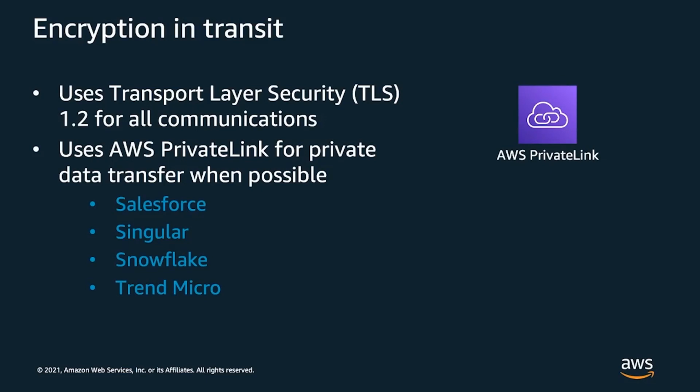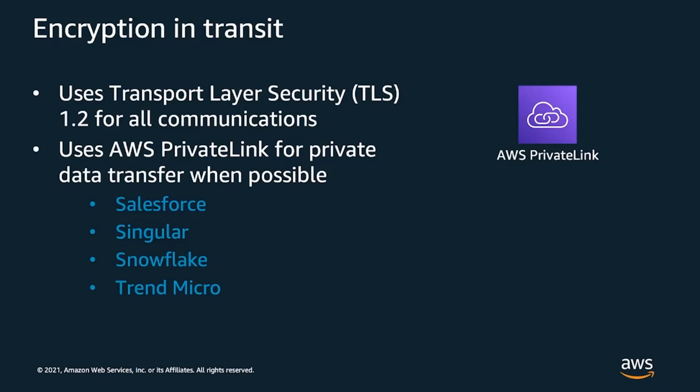And really interesting here is you can use an AWS PrivateLink for private data transfer when possible. What this means is, normally if I'm connecting to a SaaS service, like Google Analytics or Slack, I would connect to it over the internet.